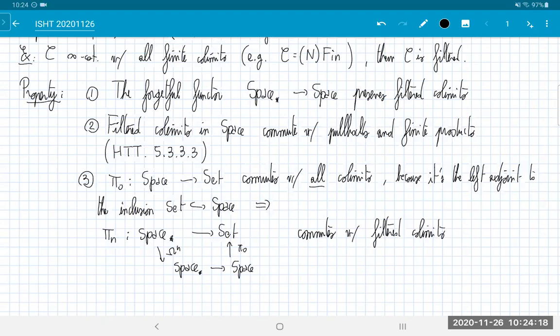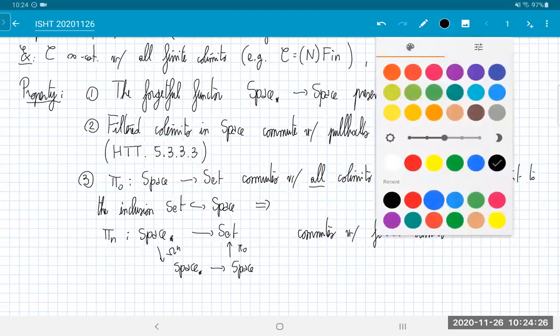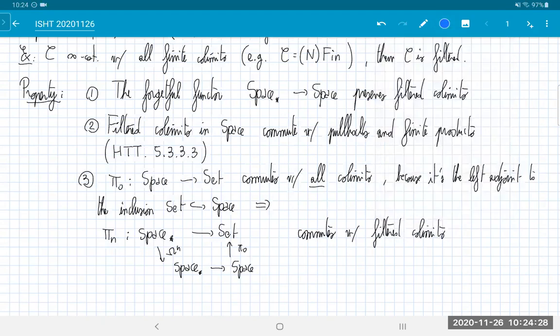That's because omega is a pullback, and by property 2, filtered colimits commute with pullbacks. So I can put actually, here is property 2, here is property 1, and here, this pi naught is the observation.